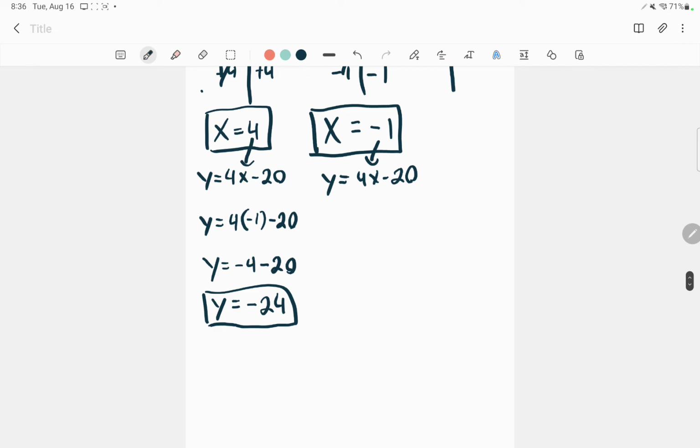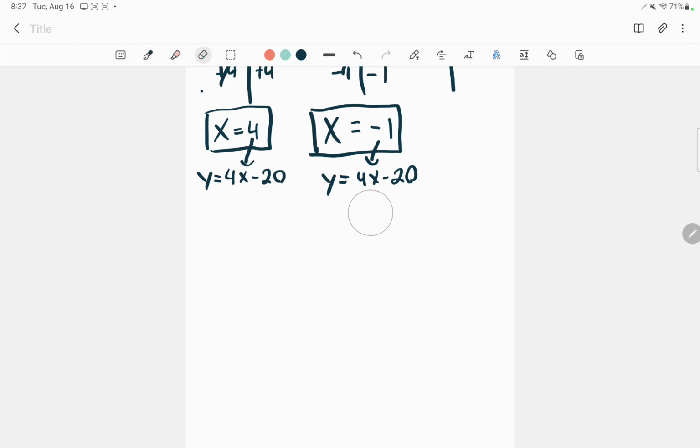Now the second one, I'm going to do exactly the same thing. Y is equal to 4. Oh my god, I did it wrong. I didn't realize I did it wrong. So let's go back. Let's do the first one again. So it's going to be y is equal to 4, parentheses 4, minus 20.